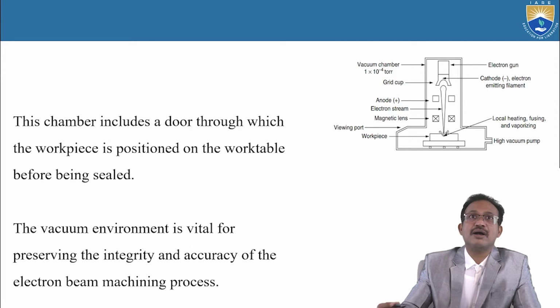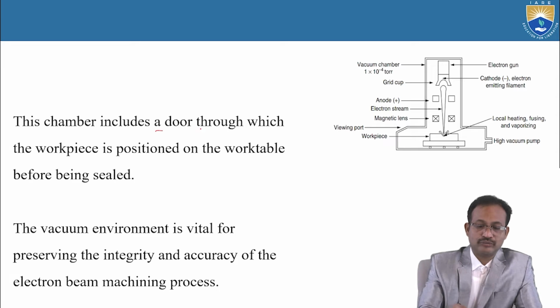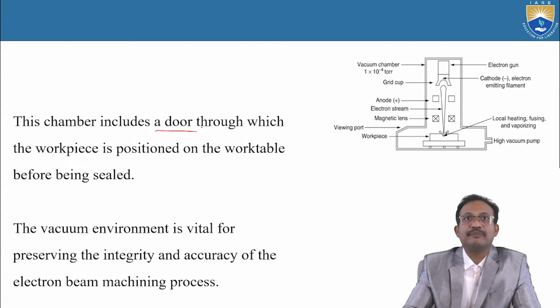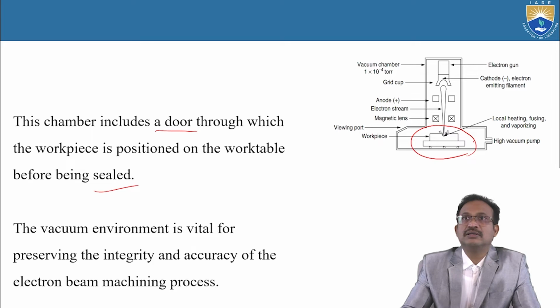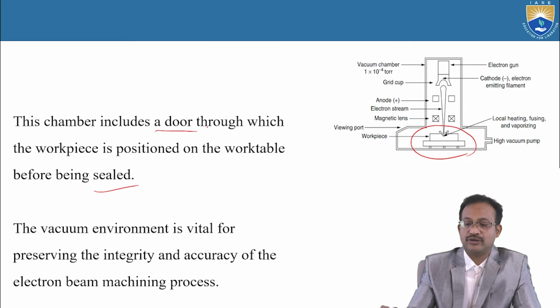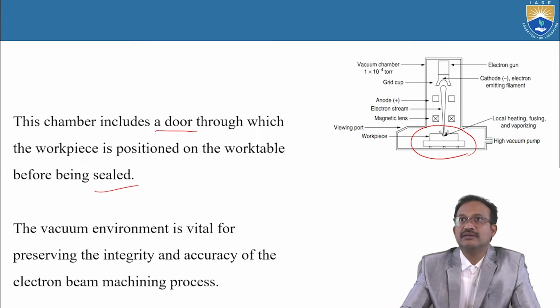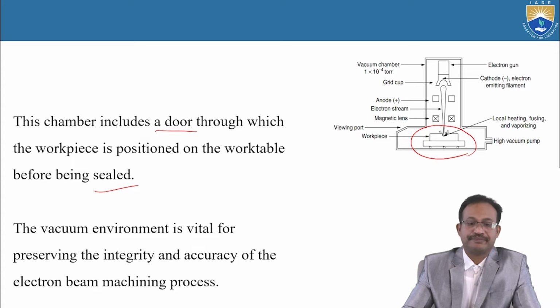This chamber includes a door through which the workpiece is positioned on the work table before being sealed. The workpiece is set up on the table, and there is also a viewing port through which we can view the process.